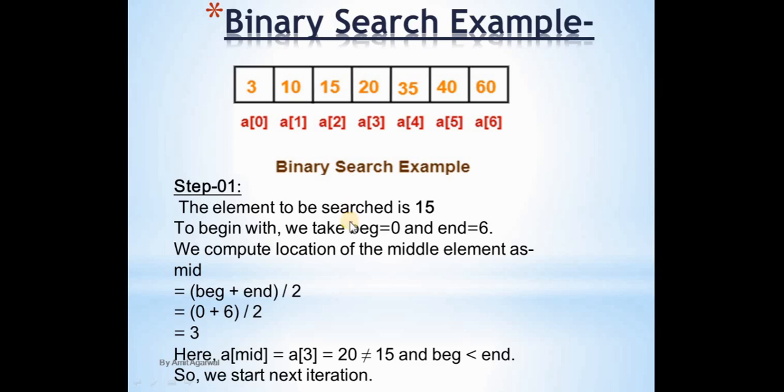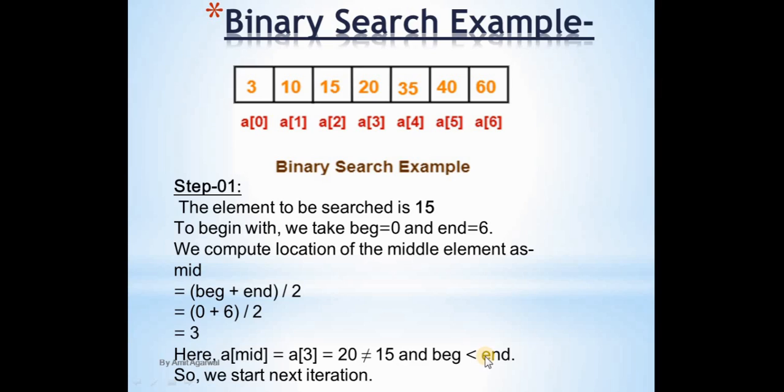Now for beg, we have to take beg as 0 means the lower bound and end as 6 means the upper bound. And then we have to compute the middle element as beginning plus end upon 2, that is 0 plus 6 upon 2, that is 3. Now here a mid means A3 is 20, which is not equal to 15, and the beg is less than end.